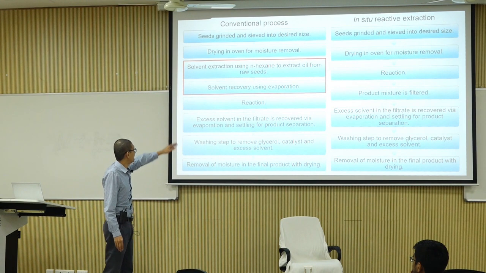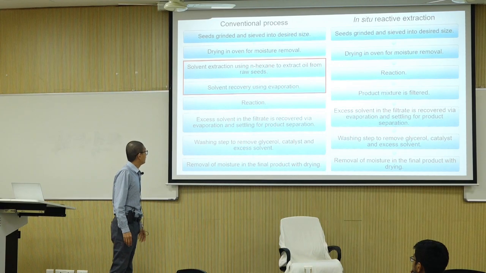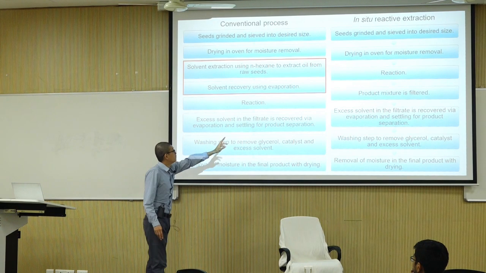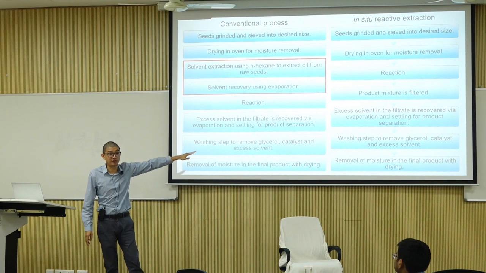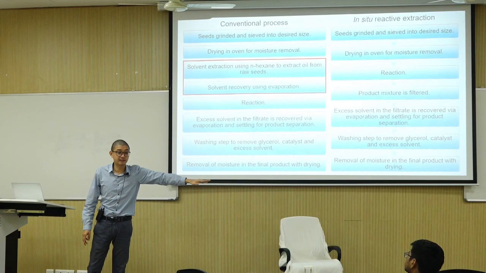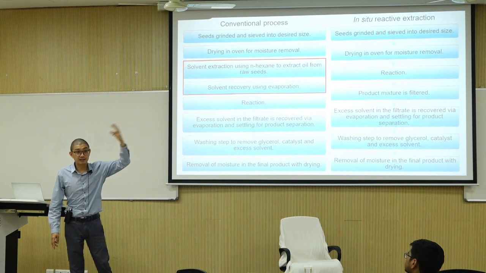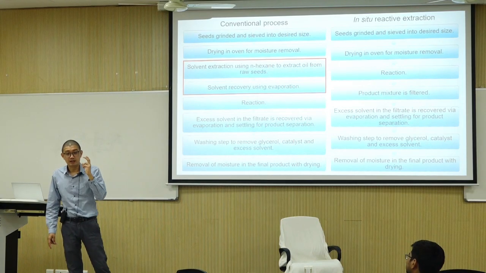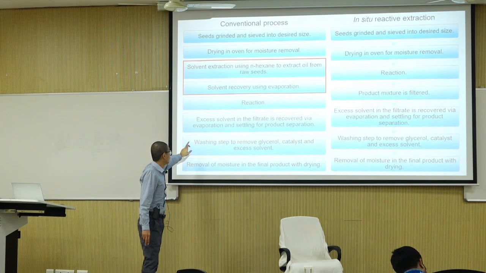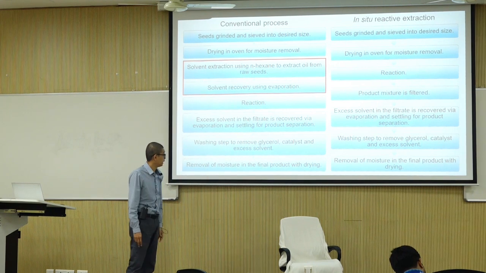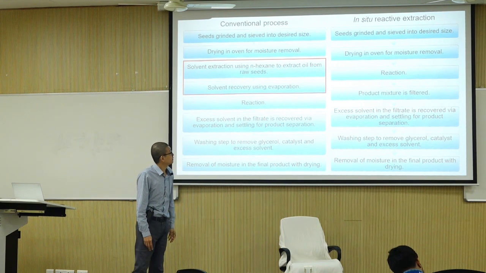Then the reaction, and the traditional route needs to go through two steps of reaction. One is the acid catalyst esterification. The second step is the alkaline catalyst transesterification process. Then we go to the washing step and the catalyst step.